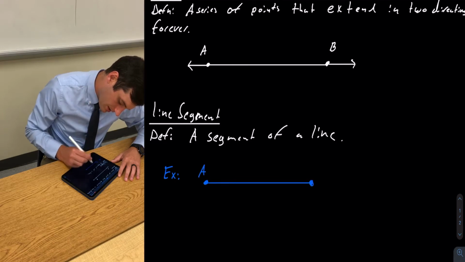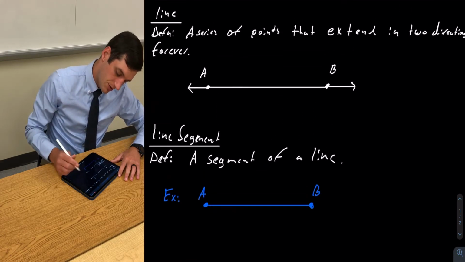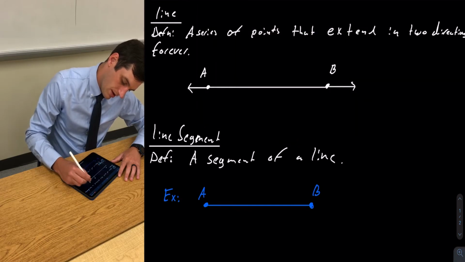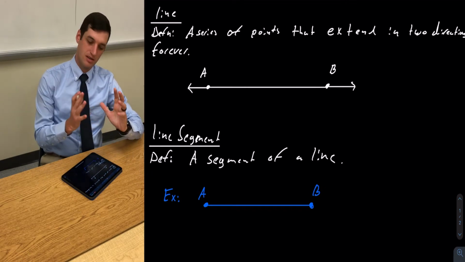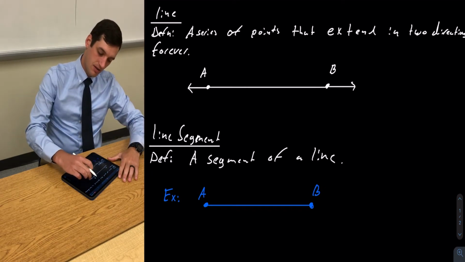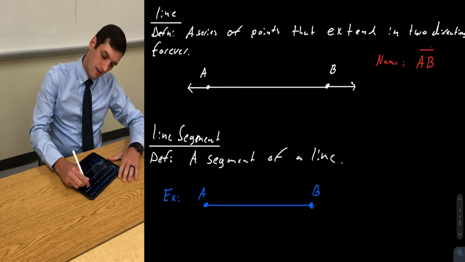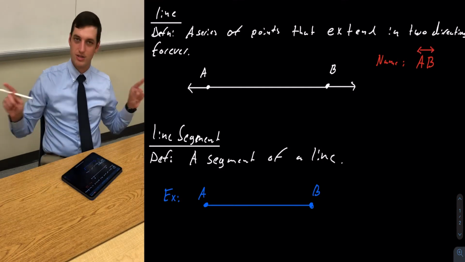And we'll label this A and B. Now, I'm going to get into some labeling here. I'm going to label them in red. So this is how you properly name a line. This line's name is like this. You draw capital A, and then capital B, and then you draw a line above it. Just like that. Now notice up here there's arrows pointing in either direction.